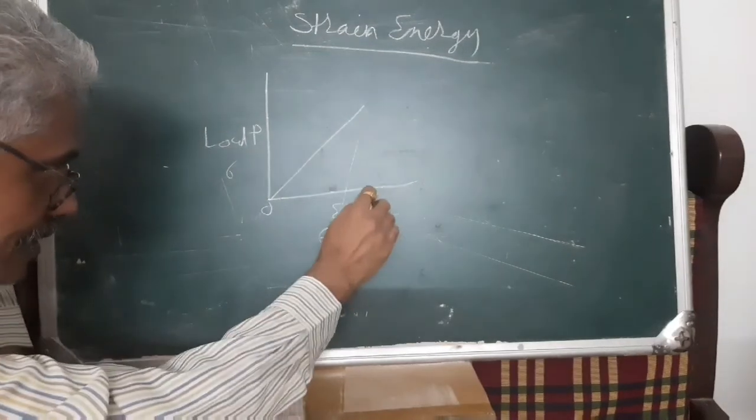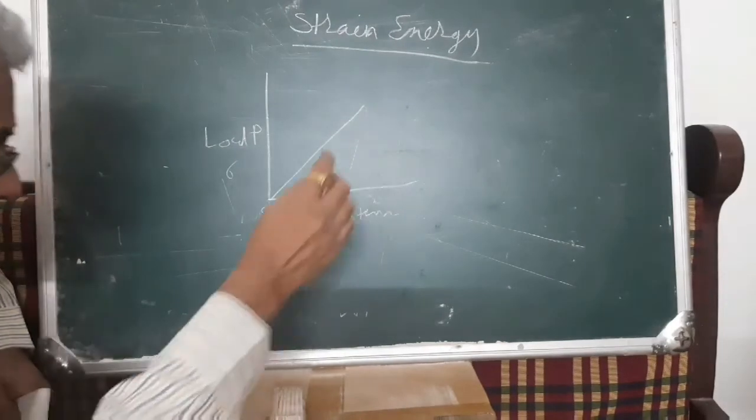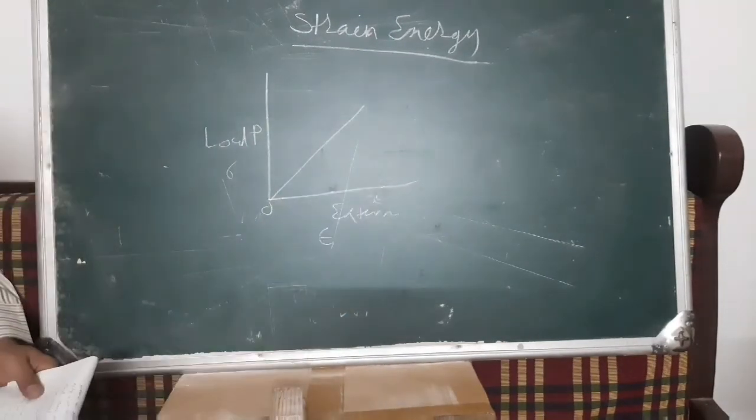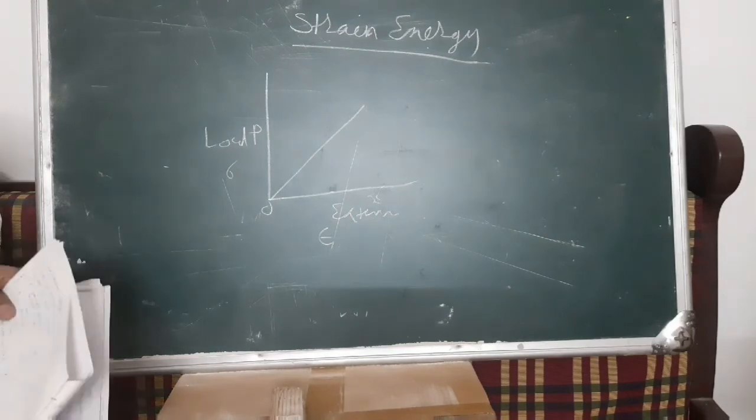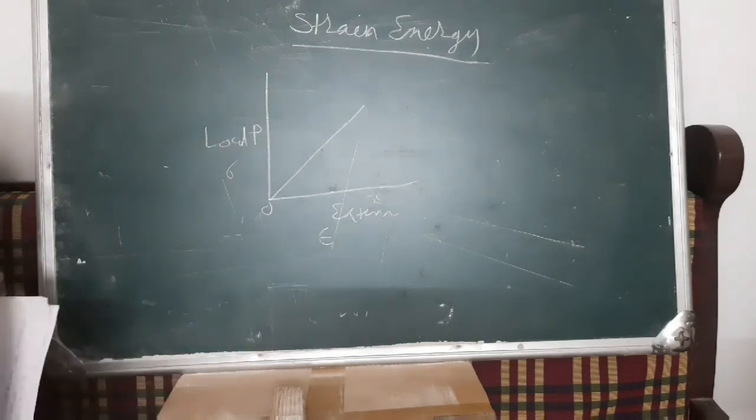Here x is the extension, or delta, of the material in the body. Now we have to see the load P versus the extension, or deformation.